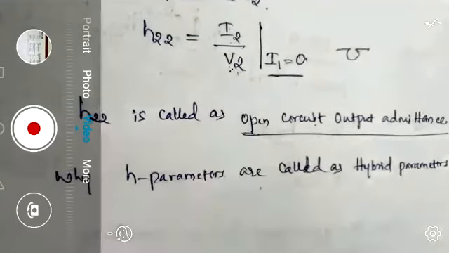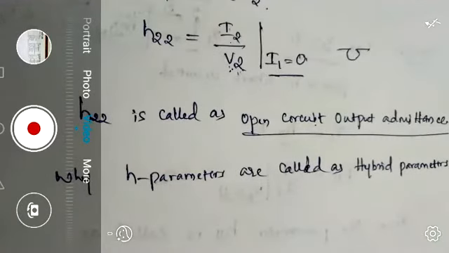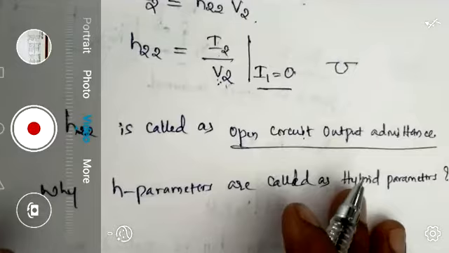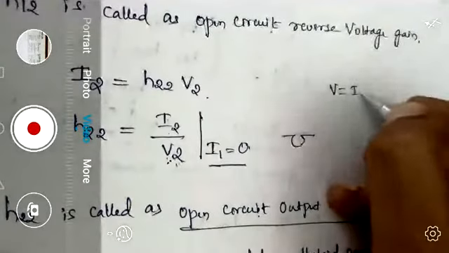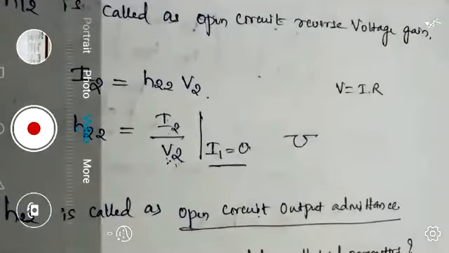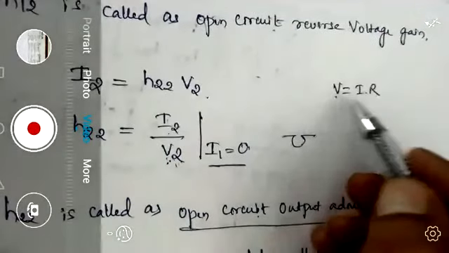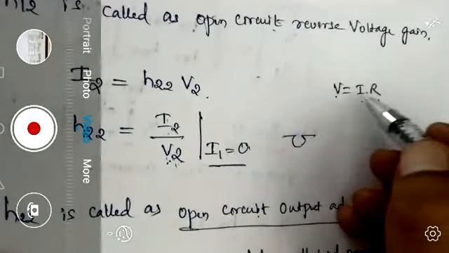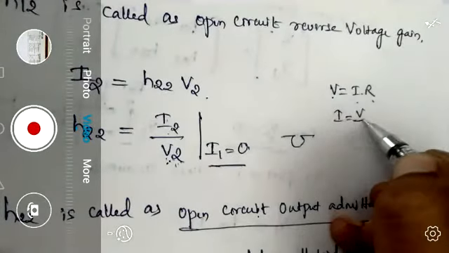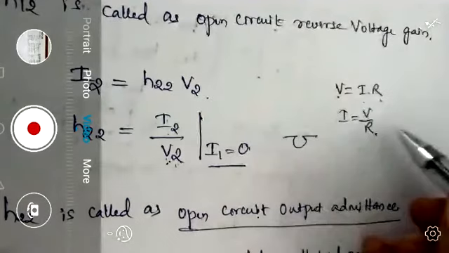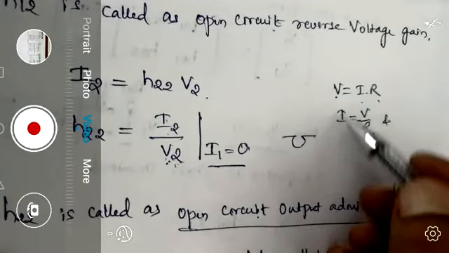I by V relation. Resistor. See, I equal to what? I equal to V by R, V equal to I into R. Ohm's law, correct? Yes, sir. As per Ohm's law, we write here: I equal to V by R. Correct? Fine. And substitute these values here.